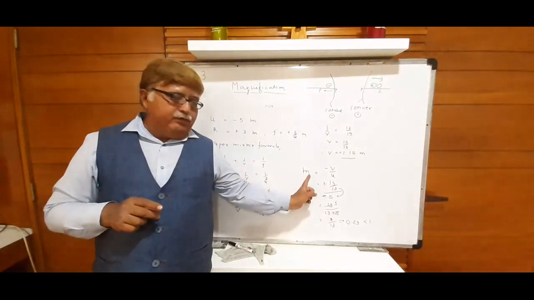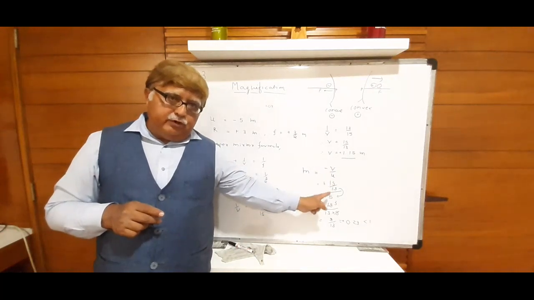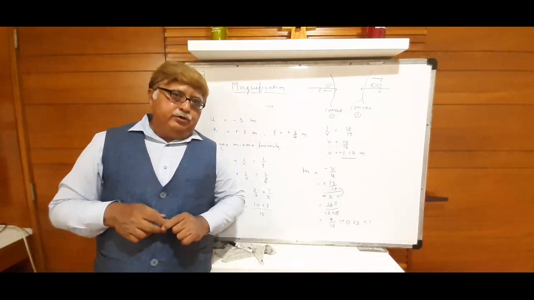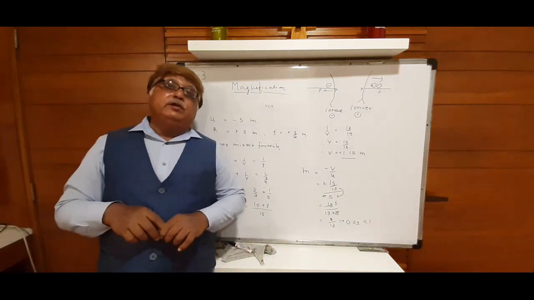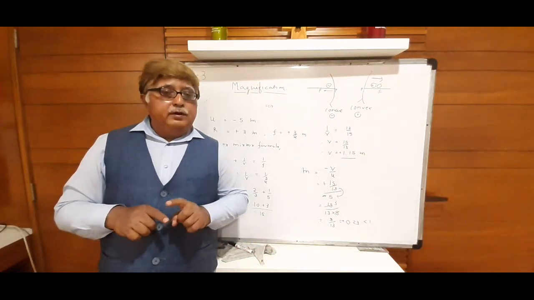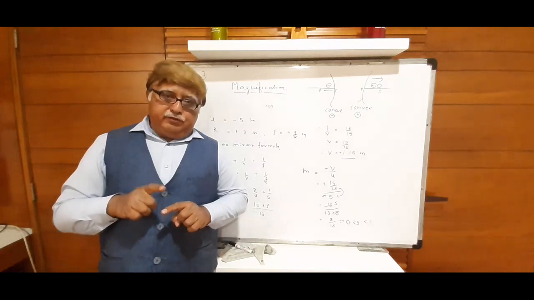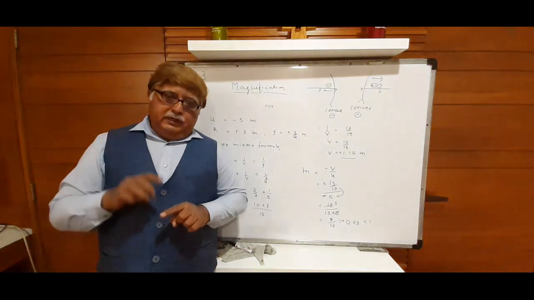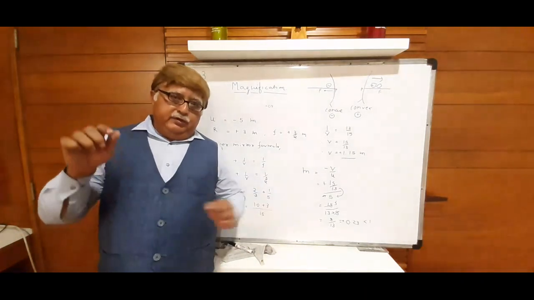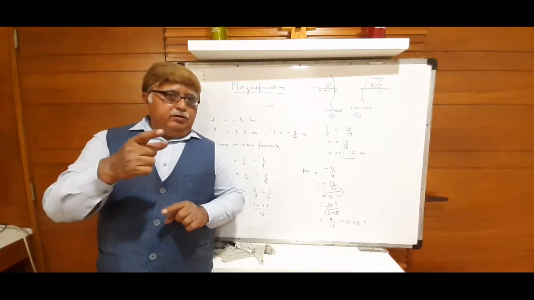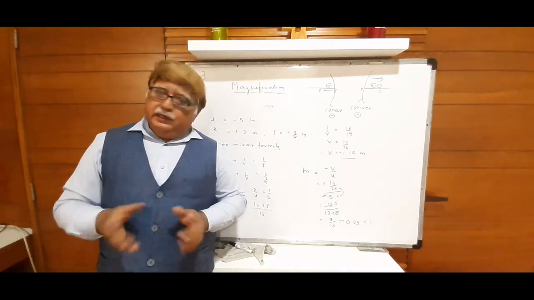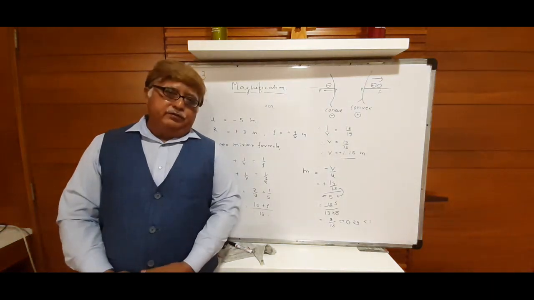Means after you find M by this formula minus V upon U, you also have to again use the another formula of magnification. What is that? M equal to H dash upon H. In that formula, place the value of M, place the value of H because it is given 4 centimeter, and then you find H dash.